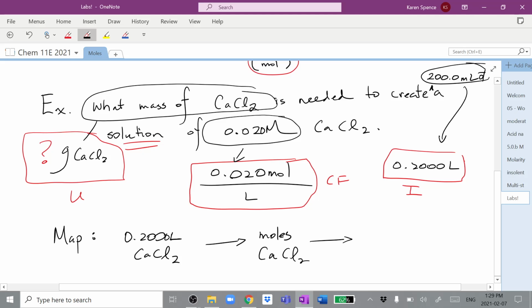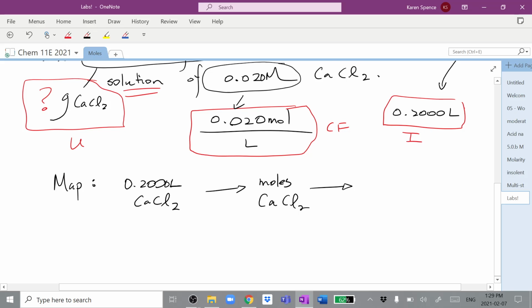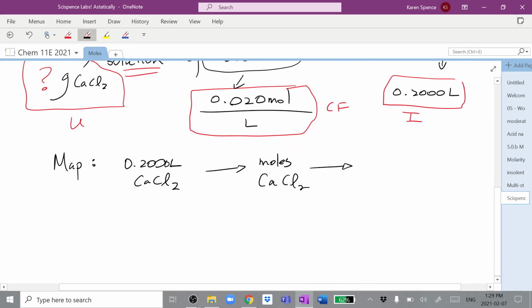I've had a lot of sugar too. Sorry about that. Getting a little wonky here. Okay, and finally we are finding grams of calcium chloride over there. Converting between liters of a solution and moles, that's going to be our moles per liter, the molarity.